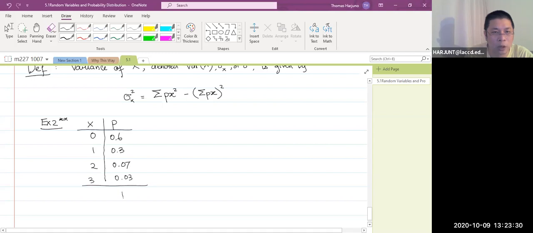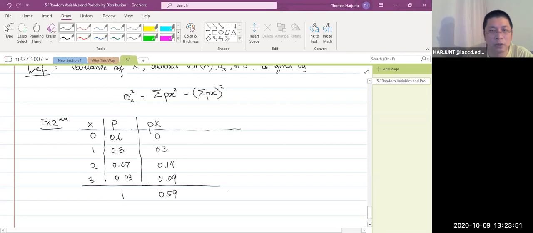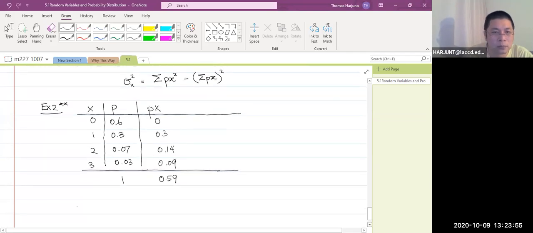The total is 1, right? Now we did the first extension earlier. That's 0, 0.3, 0.14, 0.09. The total is 0.59, such that the expected value mu sub x is 0.59.